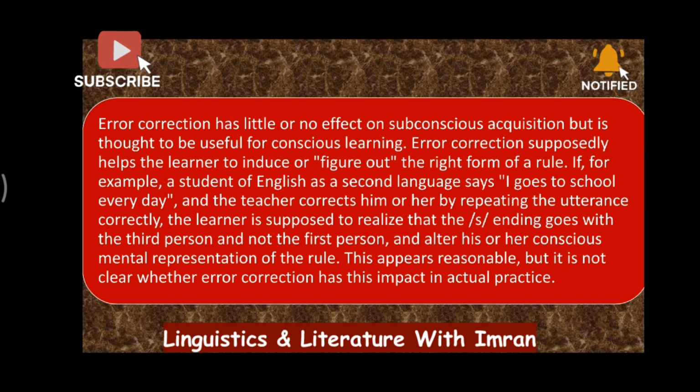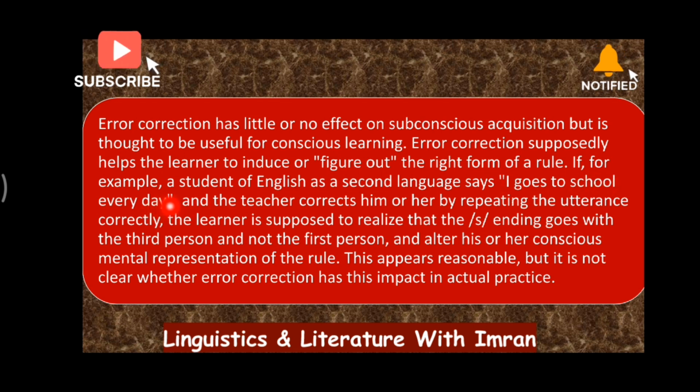It is fruitful. Error correction supposedly helps the learner to induce or figure out the right form of a rule. If you are learning a language, errors will alert you to where you are making mistakes.